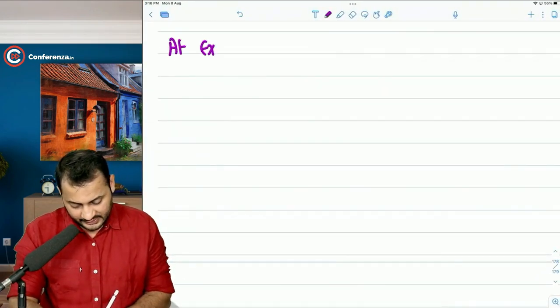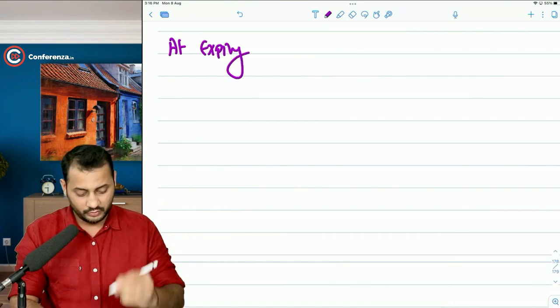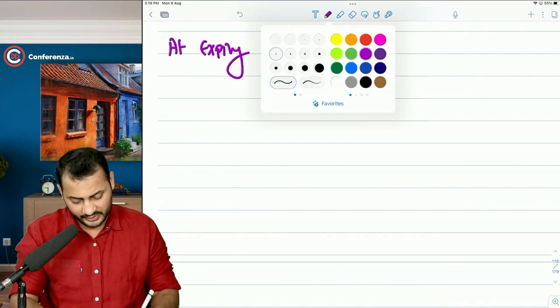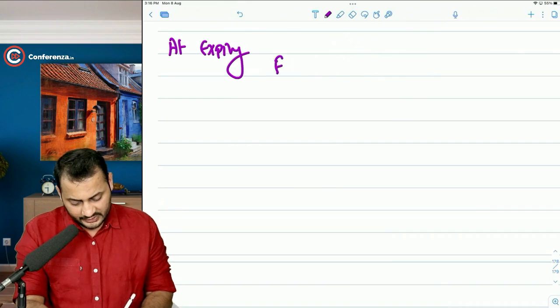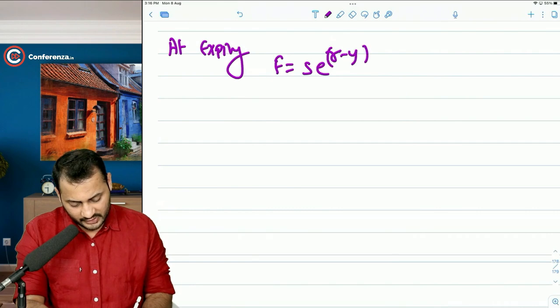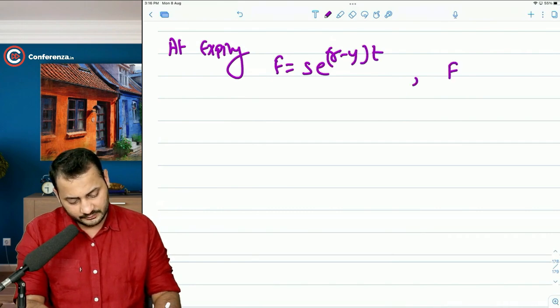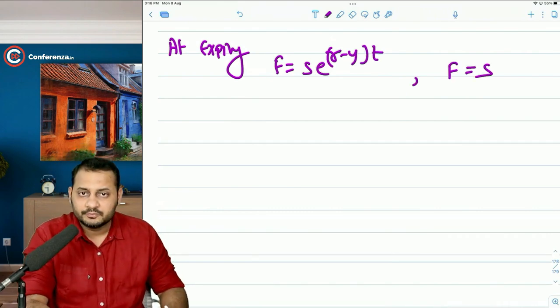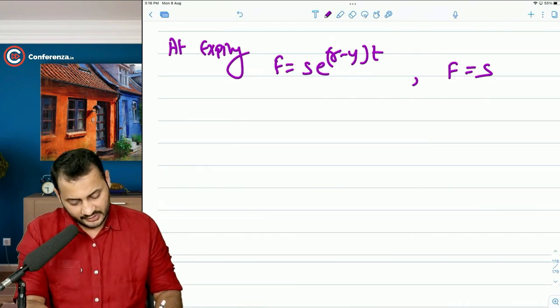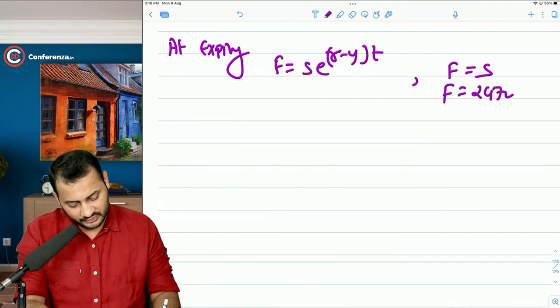At expiry, you can solve this question by two methods. You can either calculate F = S e^((r − y)T), or you can keep it as F = S simply. I will just show you. In this case, F will be 2470, where you will be shorting.